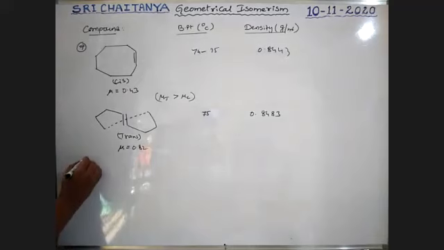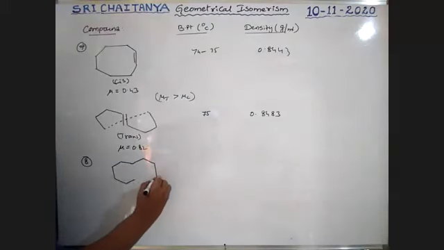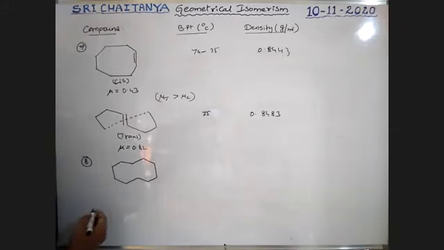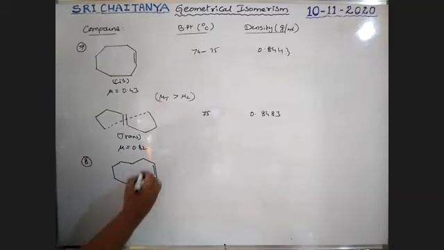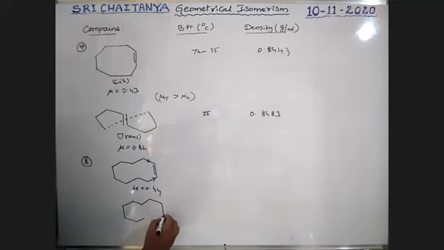Next, the eighth compound. That is decene. So this one is a cis compound, boys. The dipole moment is in this direction. Therefore, mu is equal to 0.44. Let us take the trans compound.